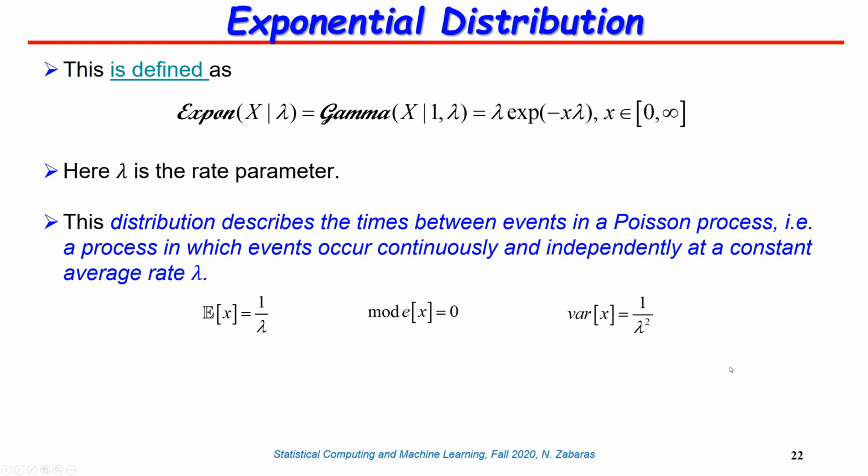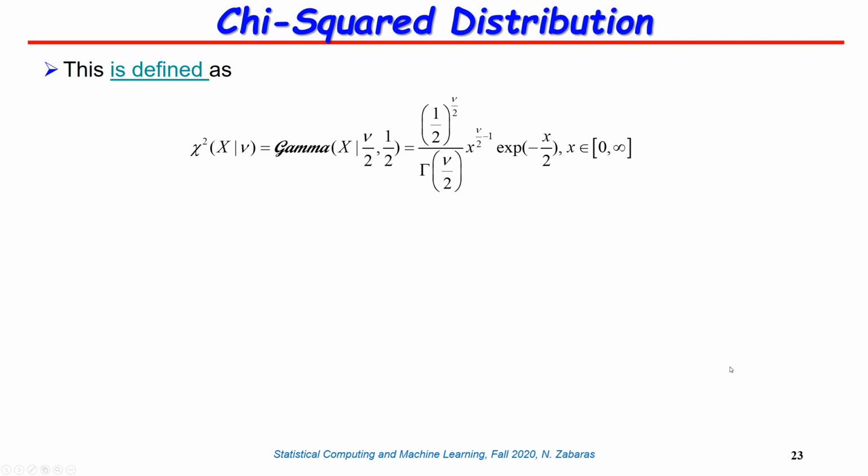One other distribution that is actually not new is the chi-squared distribution that you see here, and you can notice it has only one parameter nu, okay? I mentioned it's not a new distribution because it really is a gamma distribution with parameters nu over 2 and beta equal to 1/2, and you can see the chi-squared distribution explicitly written in this equation.